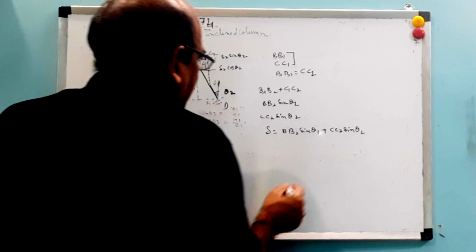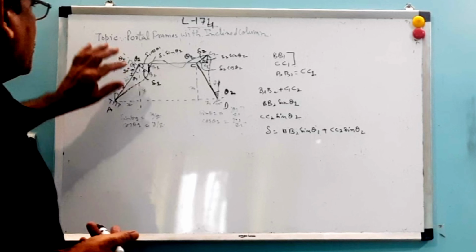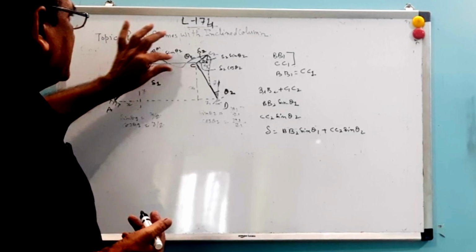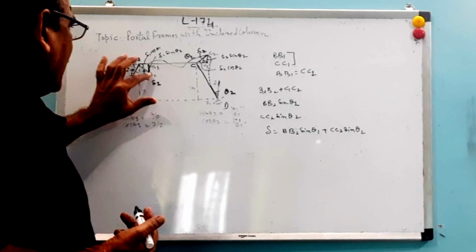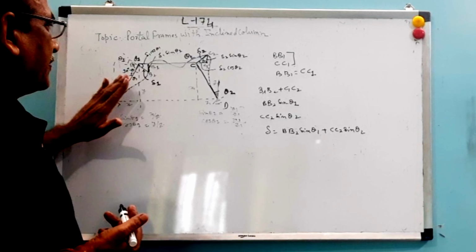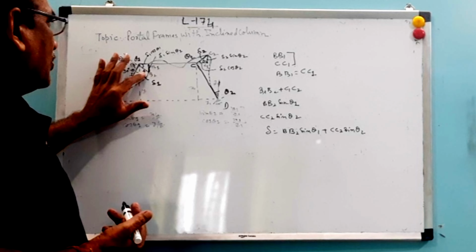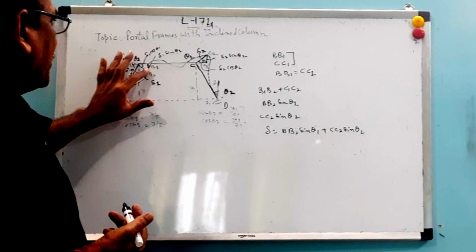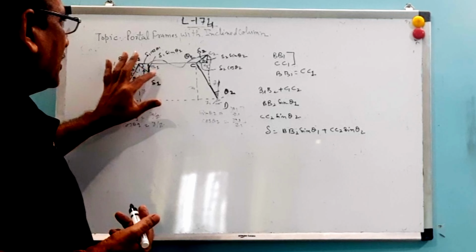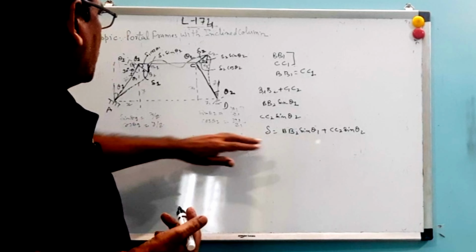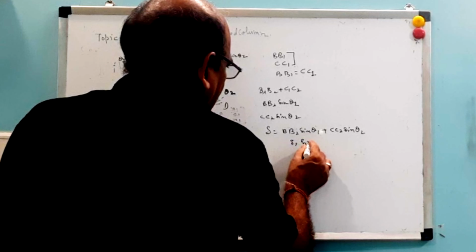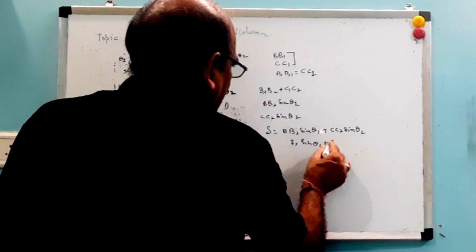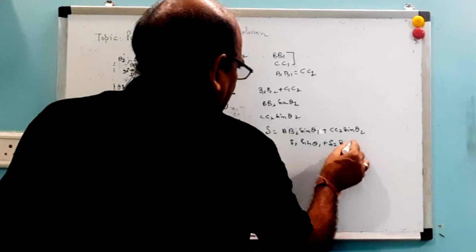Let us again try to understand this. This is a vertical part, this is the horizontal portion, and because of the inclination we are getting delta 1. So delta 1 has two components, one vertical and one horizontal. The vertical component is added over here, so this will be delta 1 sine theta 1 plus delta 2 sine theta 2.